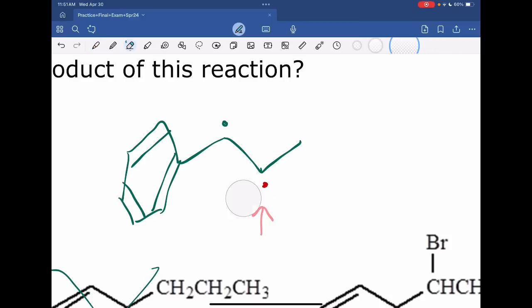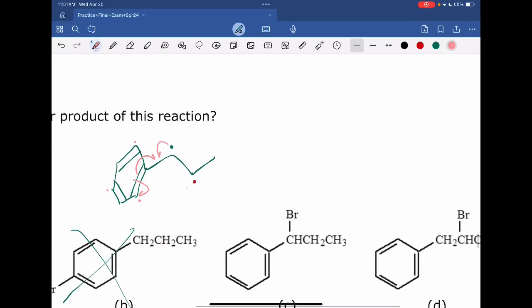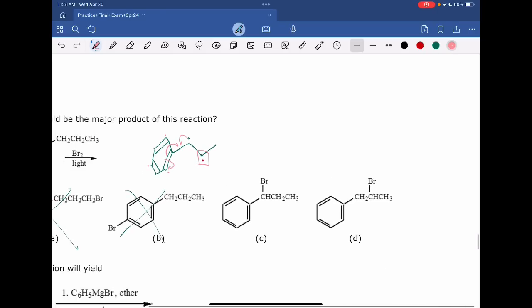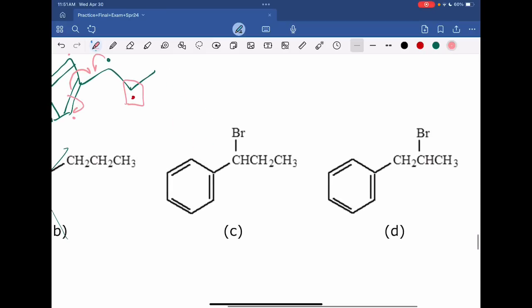It is benzylic. It is right next to the benzene ring, so it can definitely do some resonance. And you will get radicals distributed all around the ring, which you don't get with this carbon. You can't move that around. So that's why, because C has a more stable intermediate, C is the answer.